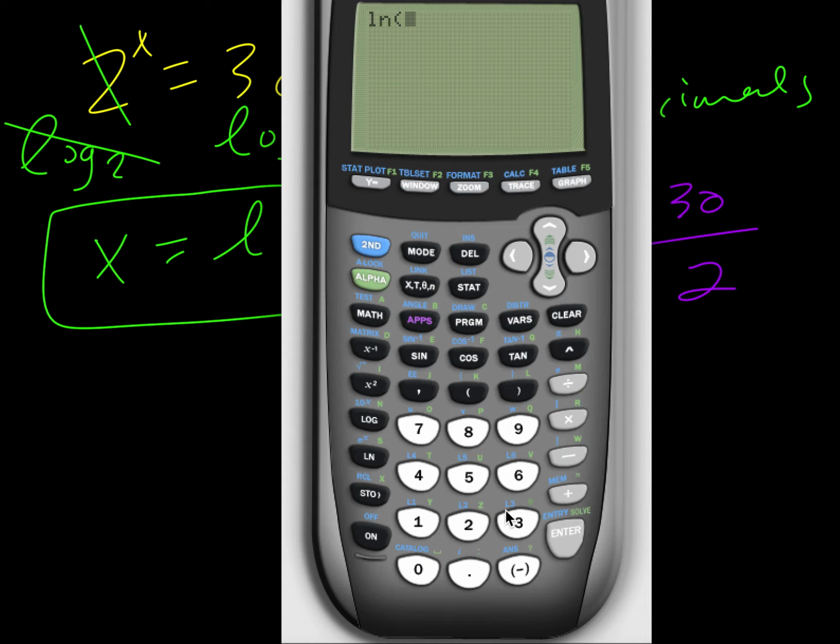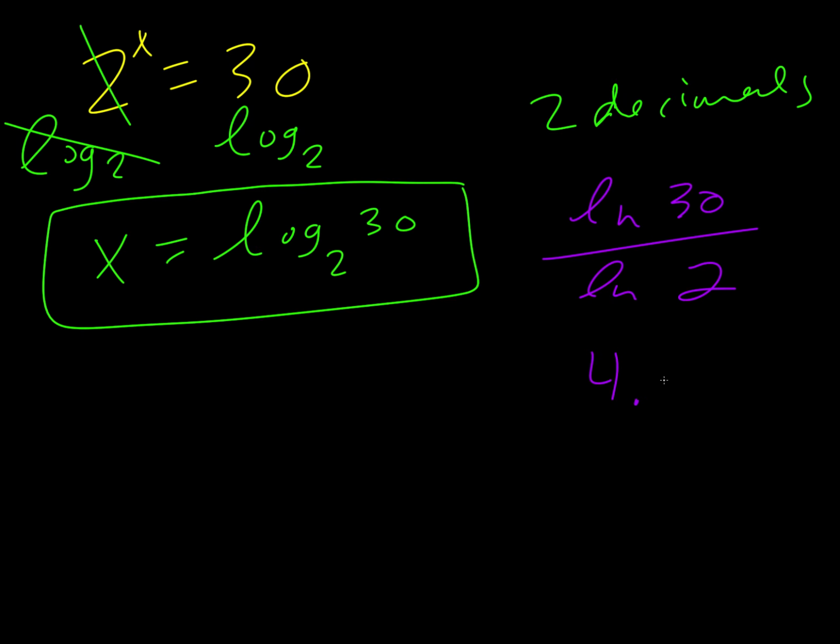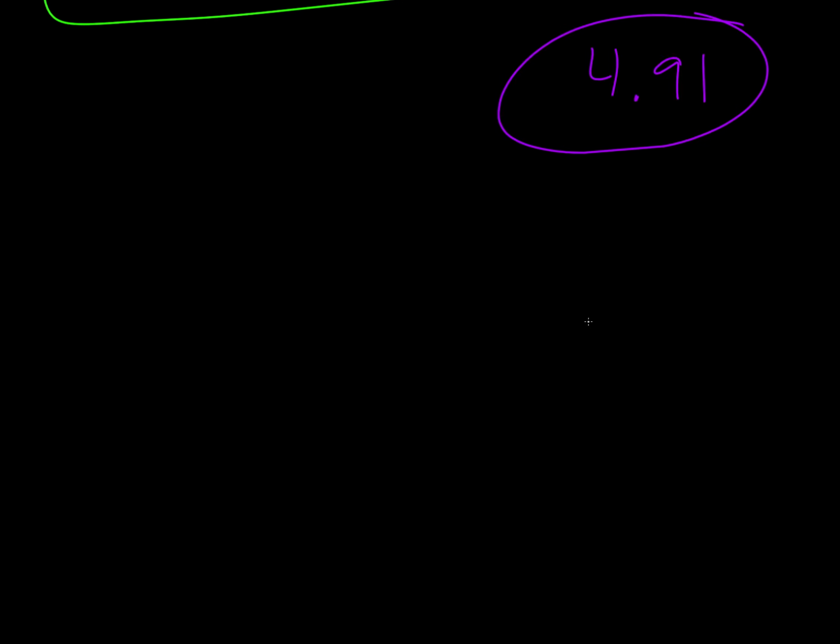So we go natural log 30 divided by natural log of 2. And we end up with 4.91. That's essentially it.